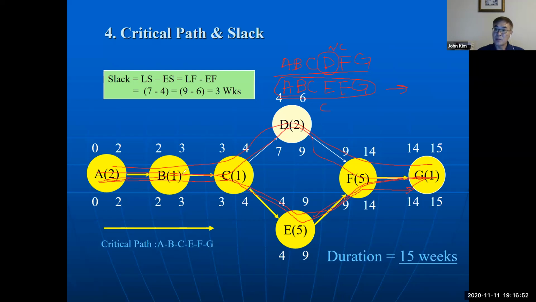So especially manage this path, not to delay this project. So we call this critical path A, B, C, E, F, G.